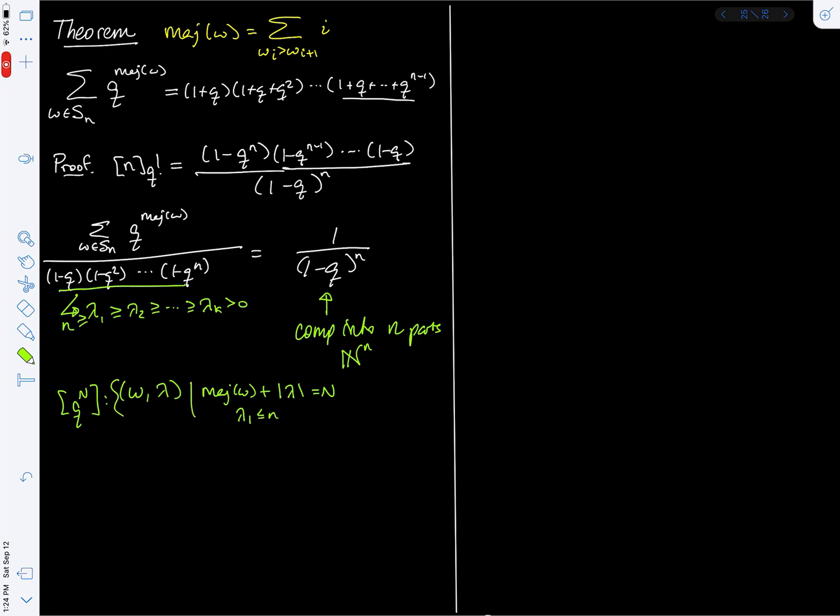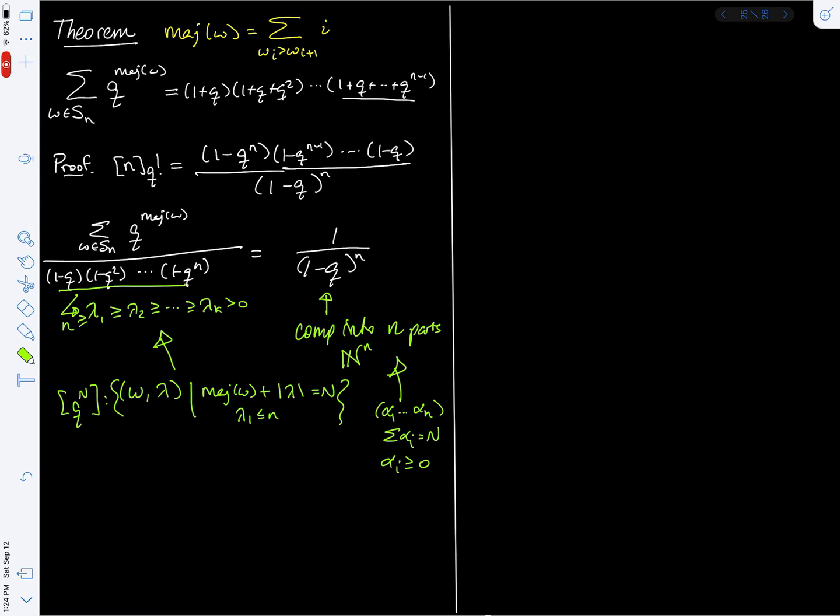So these are the objects that we're getting on the left-hand side. And on the right-hand side, these are just going to be the compositions alpha 1 up to alpha n, where the sum of the alpha i's is N. Okay? And of course, these alpha i's are non-negative integers.